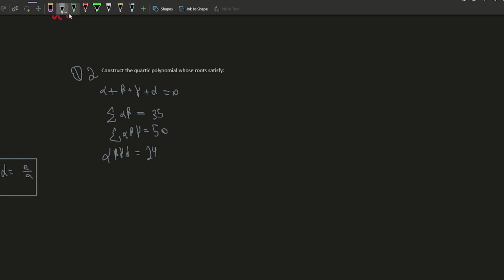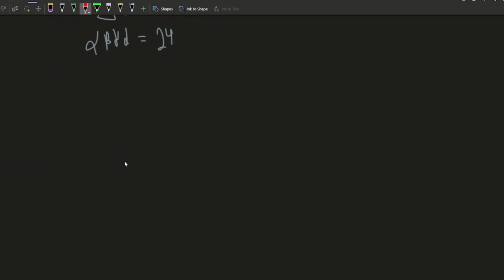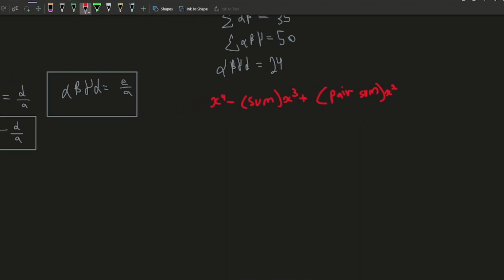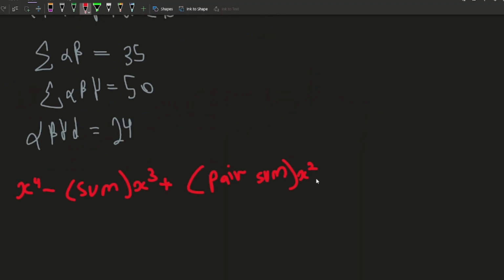So as we know, this is how our polynomial looks like: x to the power of 4 minus sum of roots x cubed plus pair sum x squared minus triple sum, and lastly plus product.